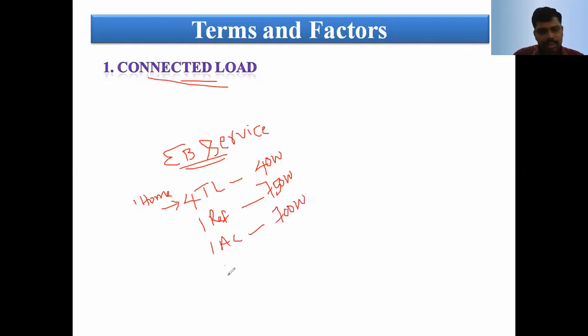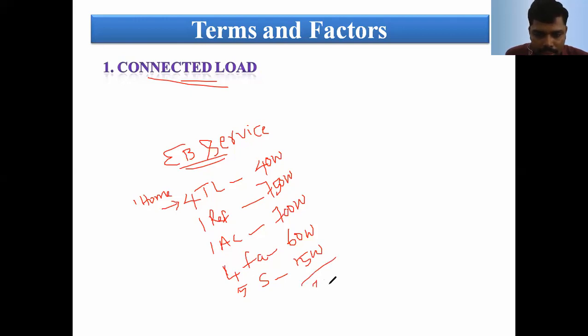The capacity is 700 watts. They use 4 fans, each with a capacity of 60 watts. For charging purposes, they use 5 sockets, with an average capacity of 15 watts. And for miscellaneous use, you can take on average 150 watts.